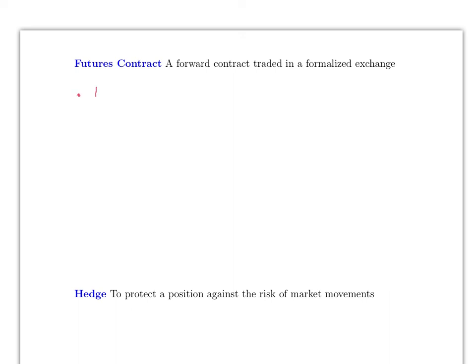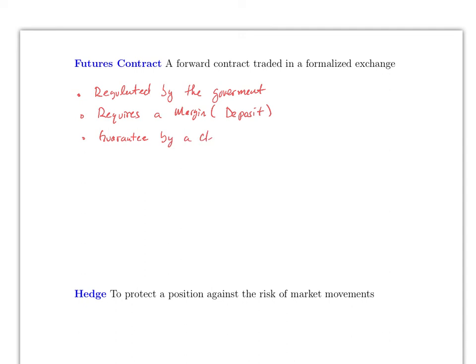So that means that it is regulated by the government, while the forward contract is just between you and somebody else, and it requires a margin, which is a deposit to make sure that you pay, and is a guarantee by a clearing house, which is the one that uses the deposit to make sure that you pay.